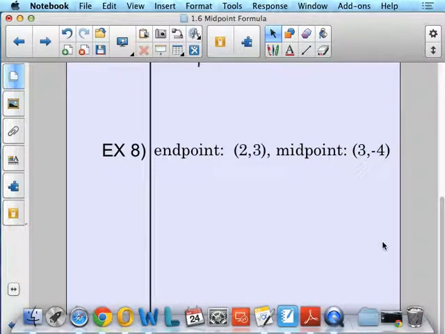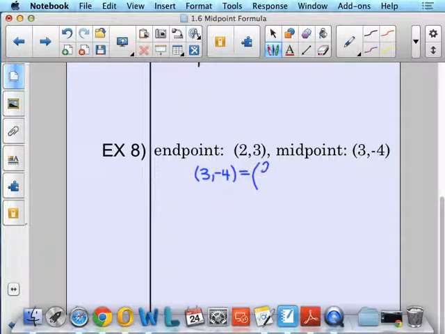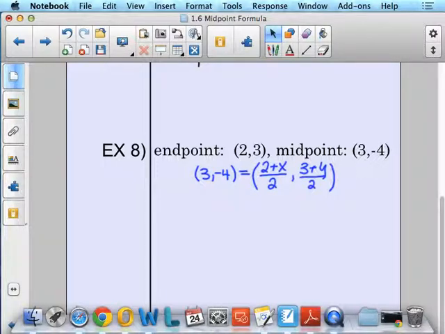All right, last example. Gonna go through this one a little bit quicker. So the end point is 2, 3. The midpoint is 3, negative 4. So same thing, 3, negative 4 is equal to the x value of the end point plus the other x value divided by 2, and then the y values. Okay, so 3 corresponds with 2 plus x divided by 2.